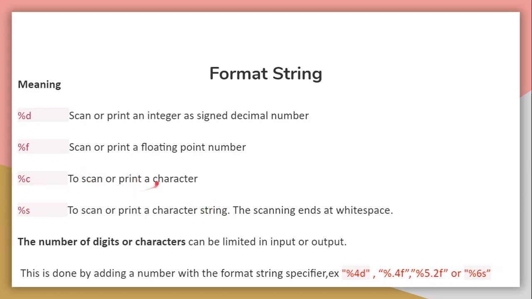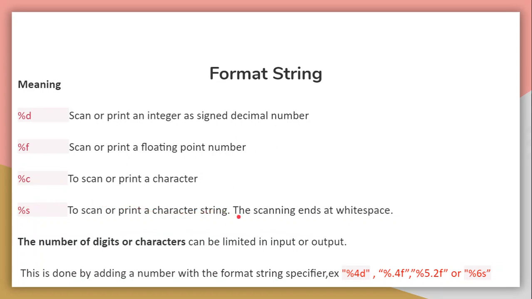And a character is, for example, gender male or female, where we say M or F, and for presence, Y for yes and N for no. A single character is always represented by %c, and %s is for a string, which is a group of characters.